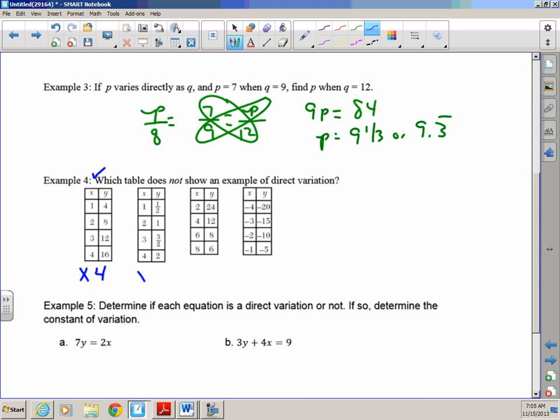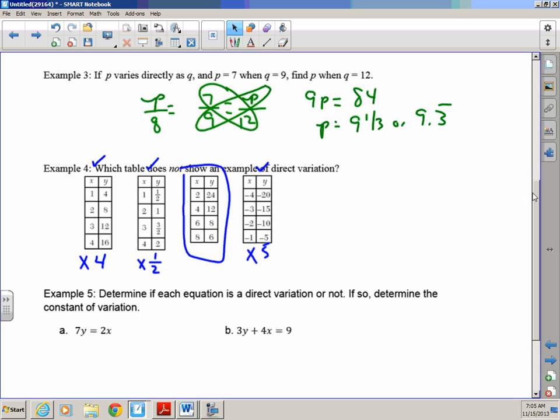If you look here, every x value is being multiplied by a half, so that's a direct variation. If you look here, I'm multiplying this by 12, this by 3, this by 1 and 2/3, or some value like that. This is not a constant, so this is not a direct variation. And here I'm multiplying everything by 5, so that is a direct variation. It's as straightforward as that.